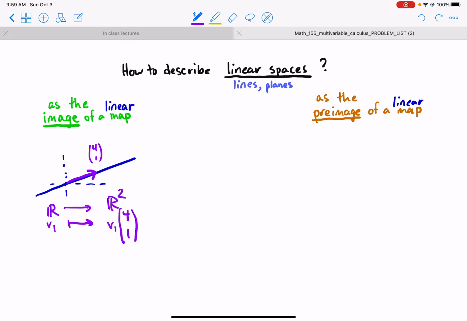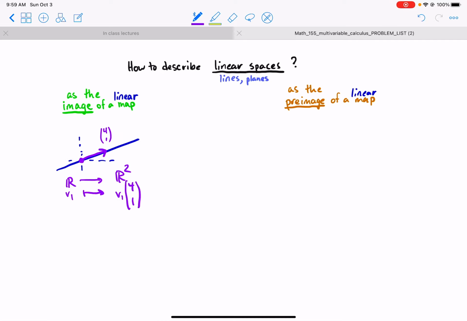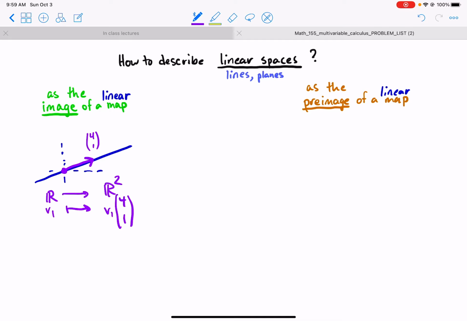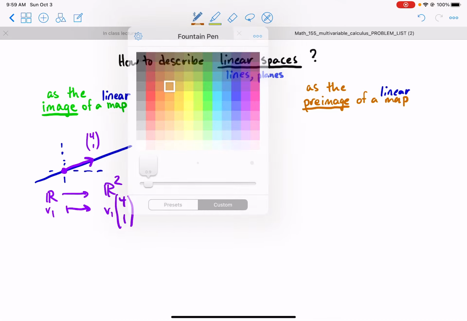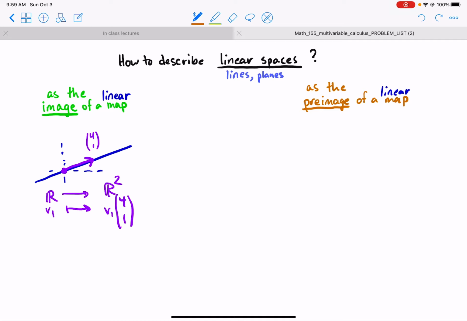Okay, so I think you understand this at this point, and it's sort of intuitive, which is nice. Now notice this line went through the origin. As the preimage of a linear map, we would think about, I'll do this in orange, the normal vector.